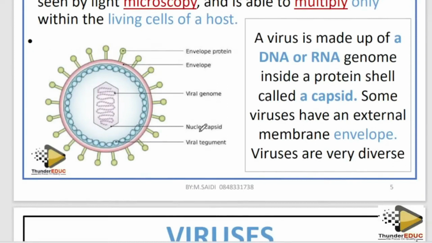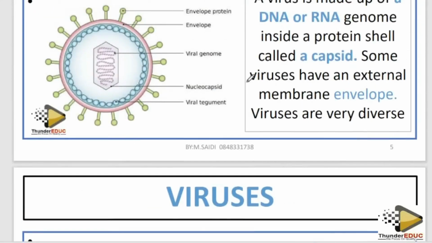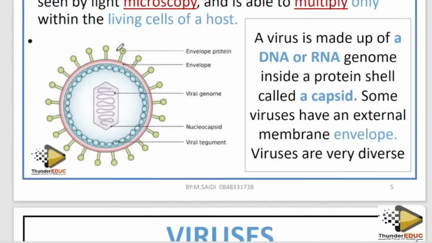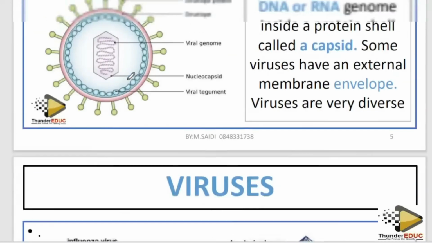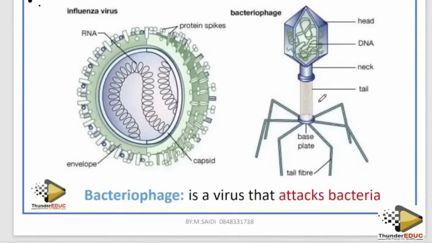Sometimes we bring it as a bacteriophage. When we talk about a bacteriophage, we mean this: it is also a virus, but a virus which attacks a bacteria. So we can bring a normal virus in an empty space, or we can bring a virus which attacks a bacteria, which we call a bacteriophage.